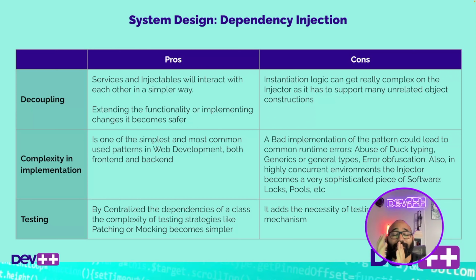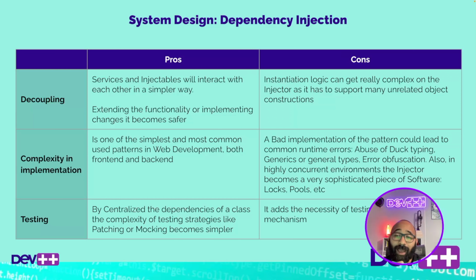Testing is probably one of the biggest pros of dependency injection. When you centralize in a single component the creation of objects and how they depend on each other, then unit testing becomes really easy, because you can test injectables and services independently in a more complex environment by just mocking or patching the structure that the injector has, right?